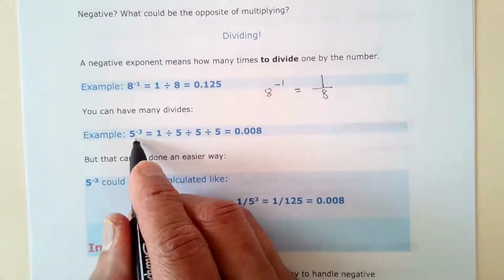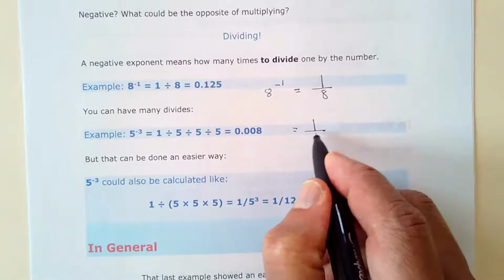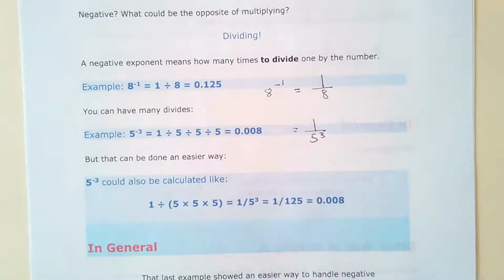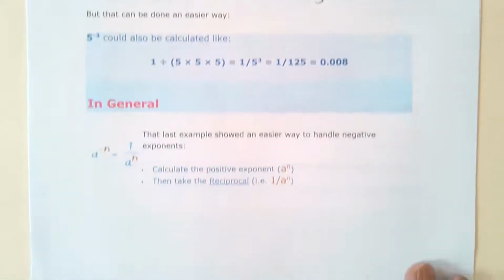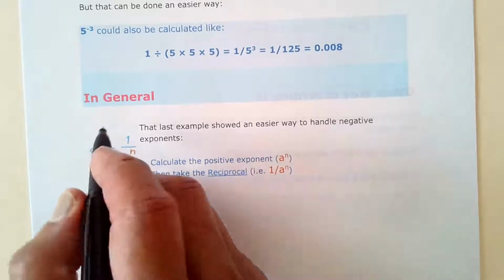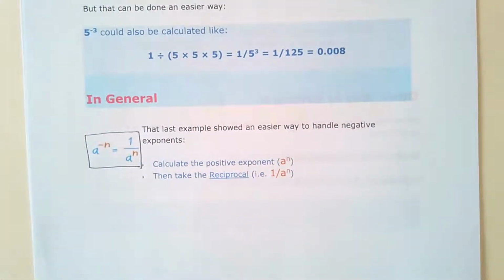We have 5 to the negative 3, which is 1 over 5 to the power 3. So in general, an easy way to handle a negative exponent is a to the negative n is 1 over a to the power n. So we take the reciprocal.